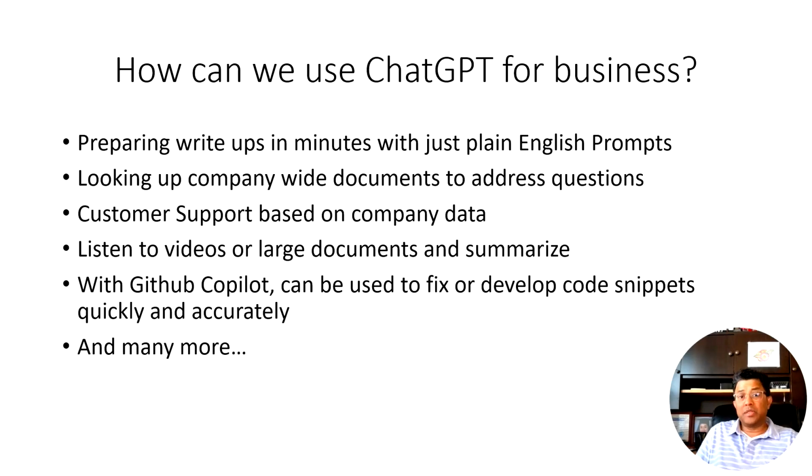This code will be pretty accurate because it's being generated by the AI without any syntax error. But you may have to make sure that it actually fits your situation before you start blindly using it, which is the case all over the place, whether it is for code or generative text. And of course, there are a lot more use cases on how ChatGPT can be used in business. Every day, somebody is coming up with new use cases.